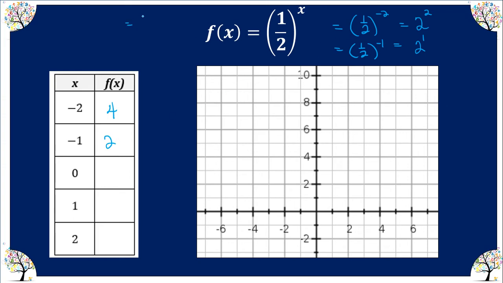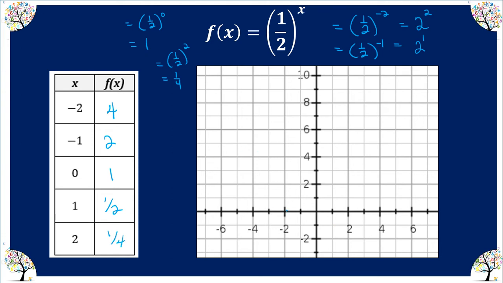Whenever we plug in 0 as an exponent, it's always 1. And then when we plug in 1 for x, we get 1/2. And then whenever we plug in an exponent of 2, we get 1/2 times 1/2, which is 1/4.